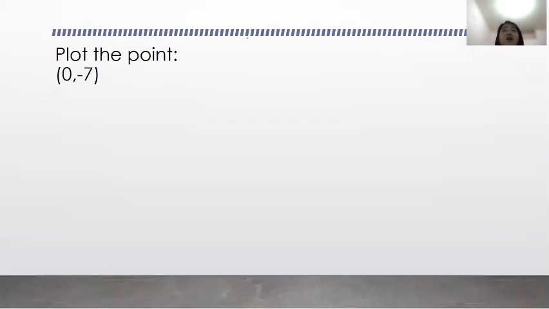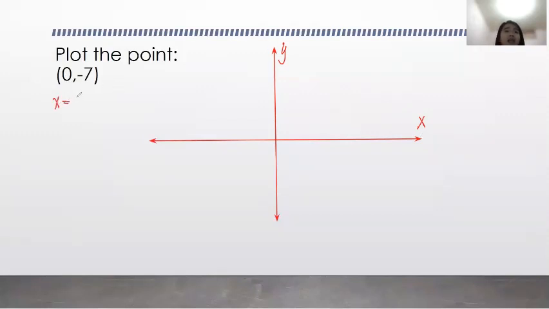The same process: we are going to make a Cartesian plane. Let's have this one and this. After that, we're going to label it as y and x. Since the value of our x is equal to 0 and the value of our y is -7, we don't need to have an interval for our x since we have 0 as the intersection.